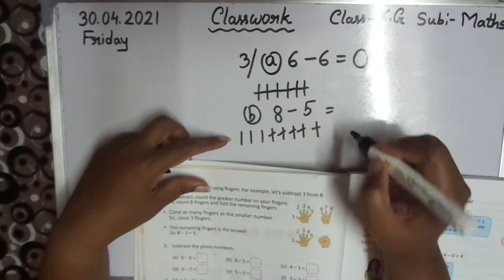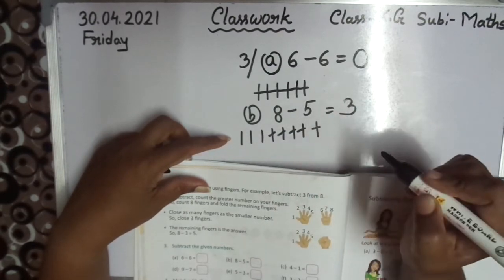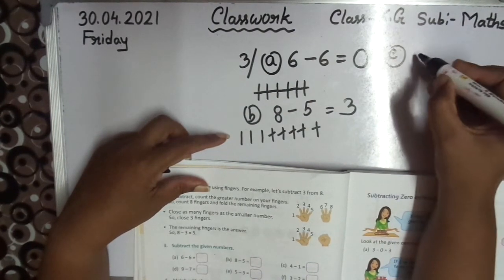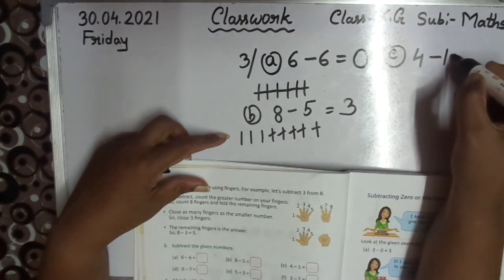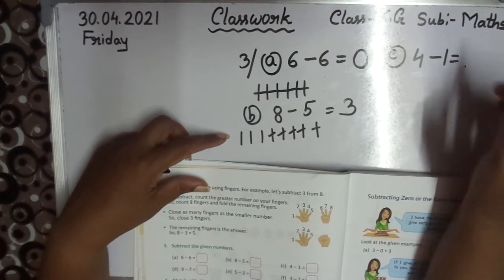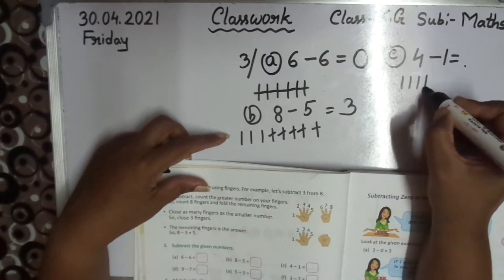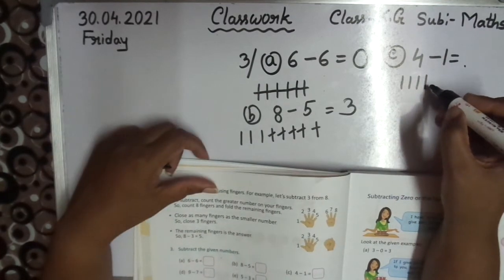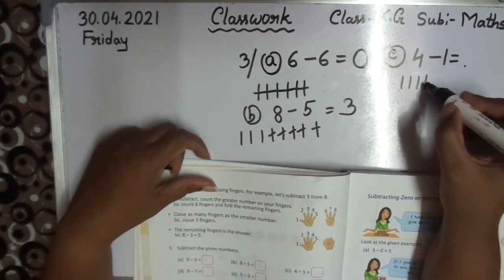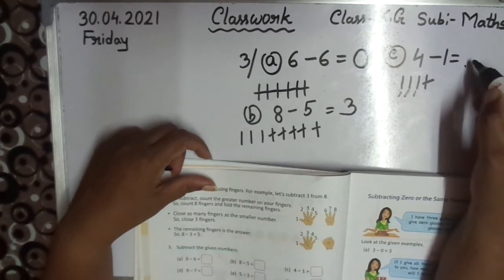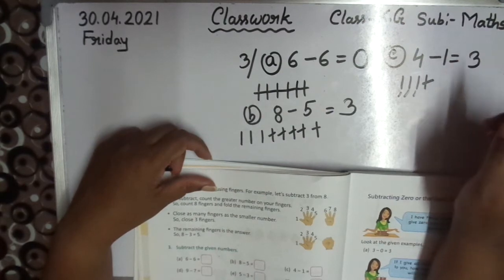The answer is 3. C. Question C. 4 minus 1 is equal to. Draw the lines 1, 2, 3, 4. So 1 off. To cut 1. So answer 1, 2, 3. So 3 is the answer. It's very easy.